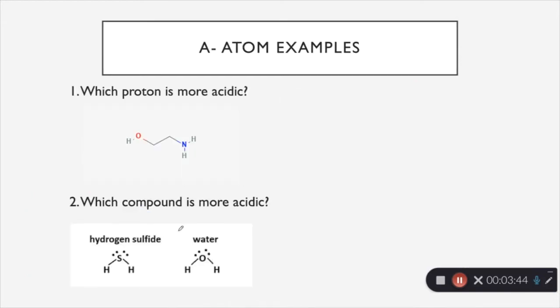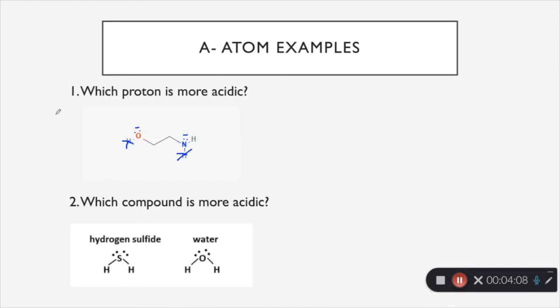So here is a good example of this. This is actually using the same elements that we did in the last slide, but I think this will give a little more clarity. So if you deprotonate an oxygen and you deprotonate a nitrogen, you're left with an extra lone pair on these and a negative charge.